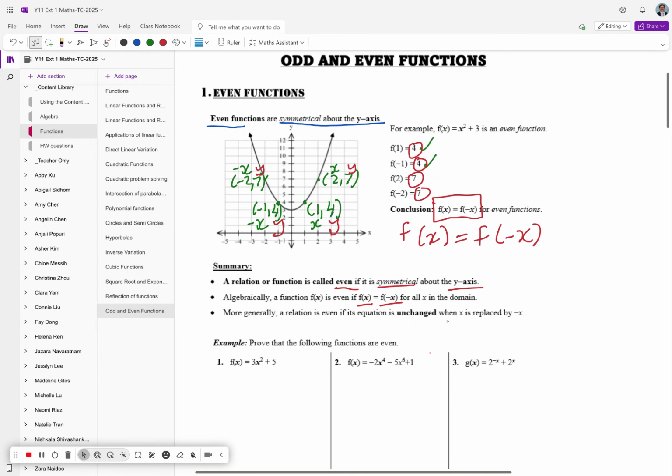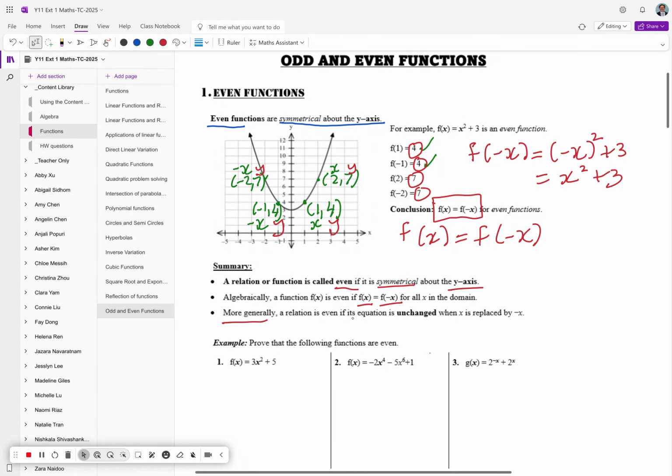Okay, so if you look at this function up here, if I find f of minus x, what do I get? I get minus x all squared plus 3, which is equal to x squared plus 3. So you can see that last point.